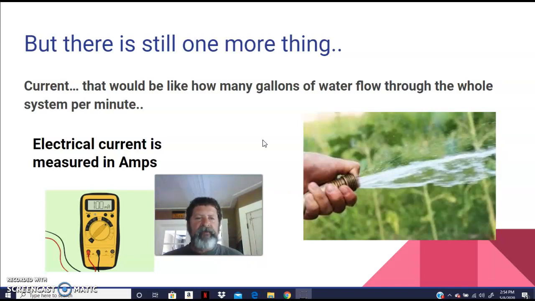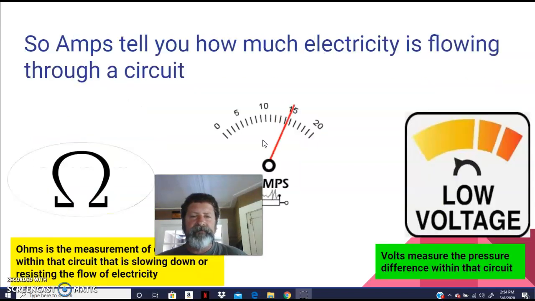Okay, so amps would be the flow of electricity, the current. The symbol we use for that is I. We'll talk about that next slide or next unit. But amps is the measurement of current.